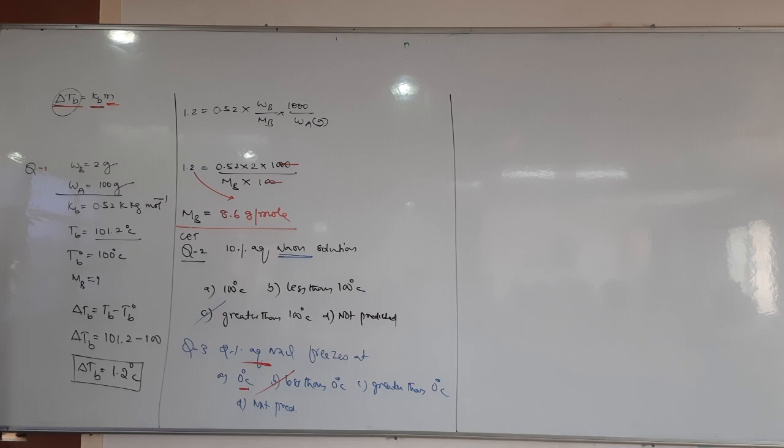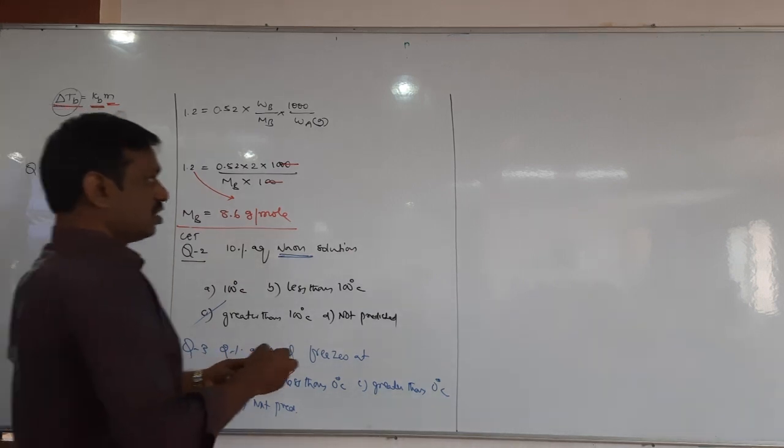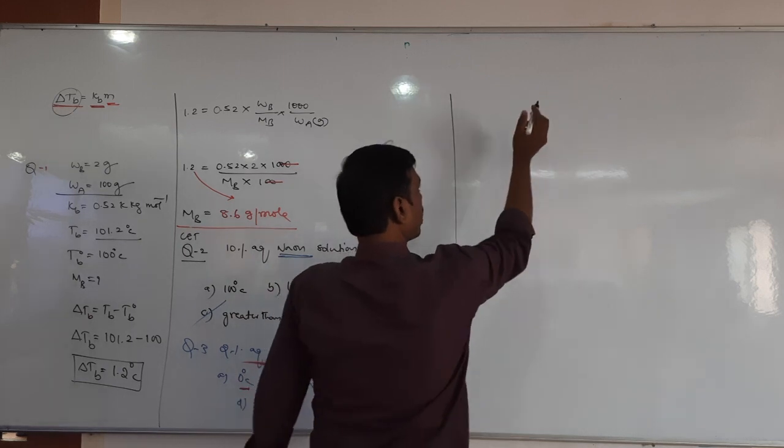The Kf for benzene is 5.4. Calculate the atomic masses of A and B respectively.